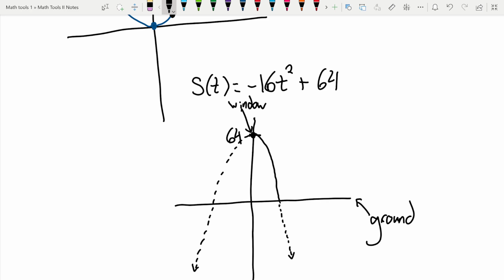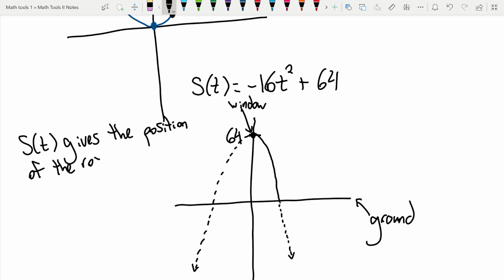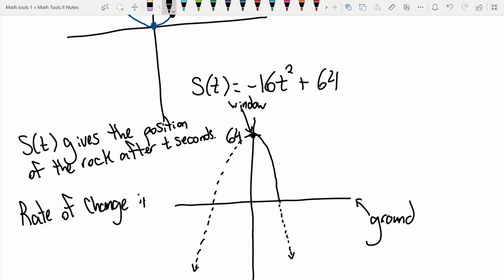In this context, because s of t gives the position of the rock after t seconds, the rate of change in position is what we would call velocity, right?